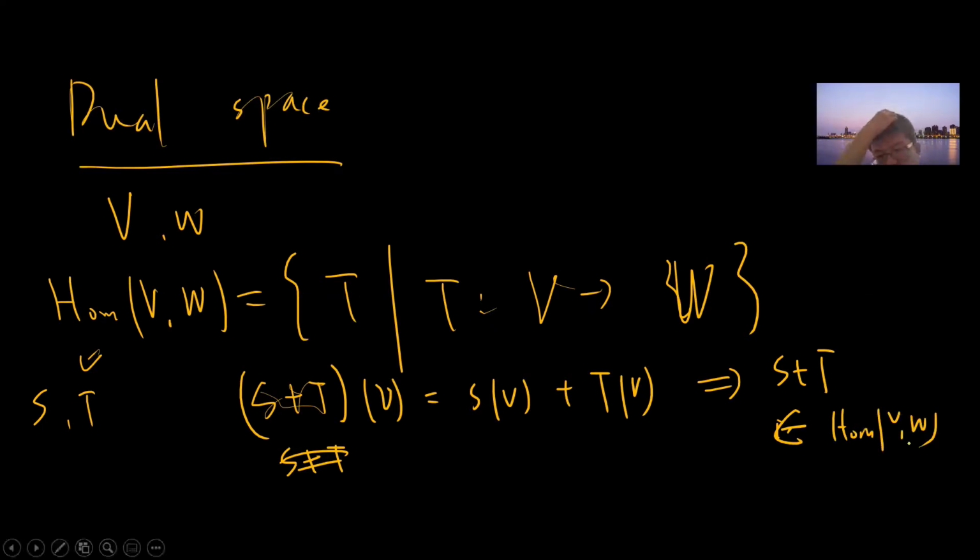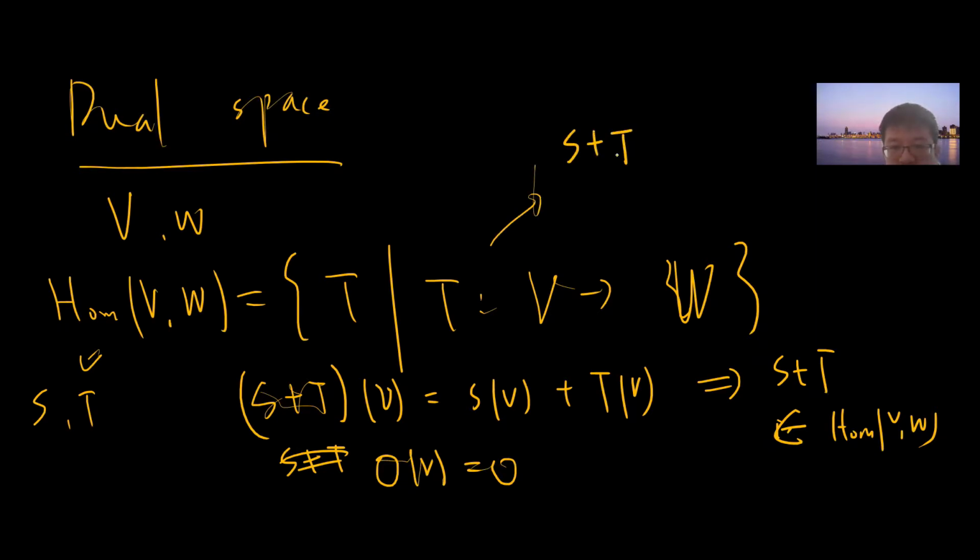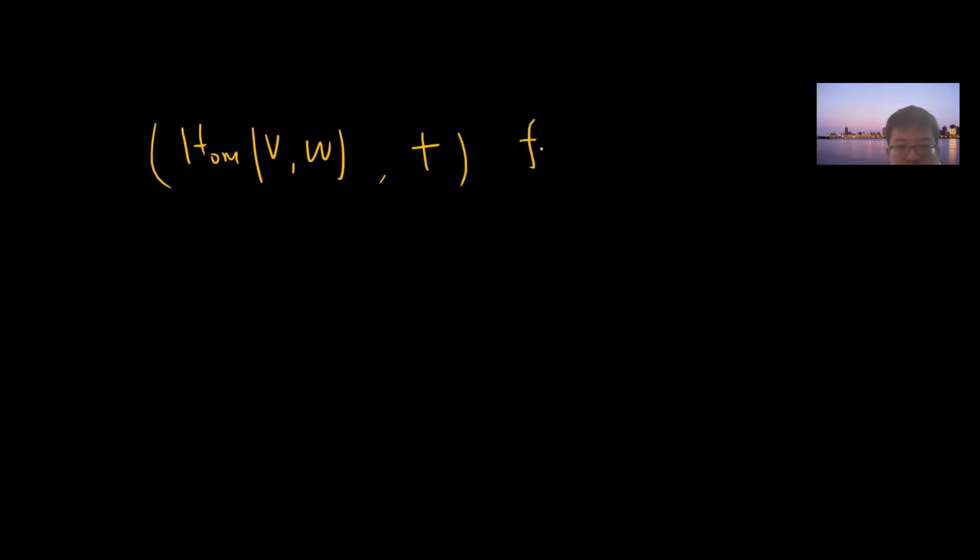You also have the zero linear transformation, which maps any vector to zero. From here you know that Hom(V, W) with this addition will form an abelian group.